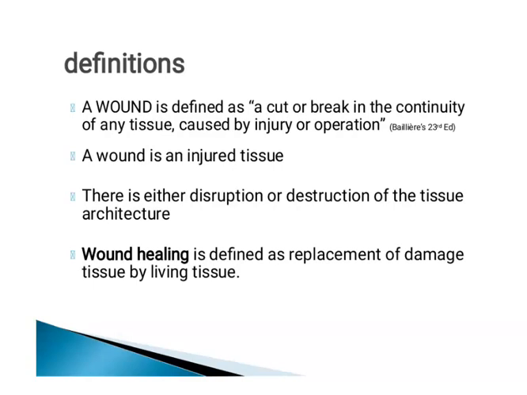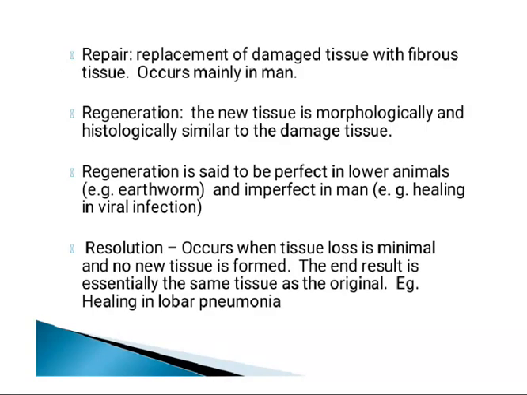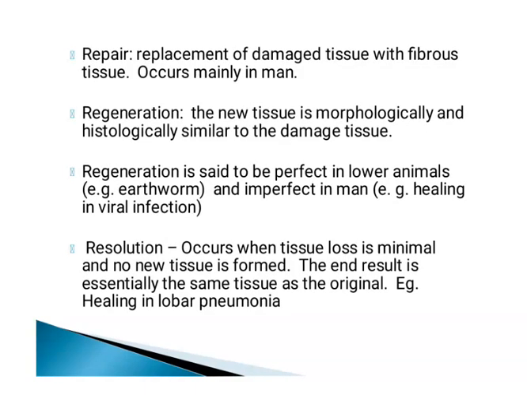Wound healing is defined as a replacement of damaged tissue by living tissue. There are some terms that you have to know about. Basically, repair refers to replacement of damaged tissue with fibrous tissue, which mainly occurs in man.